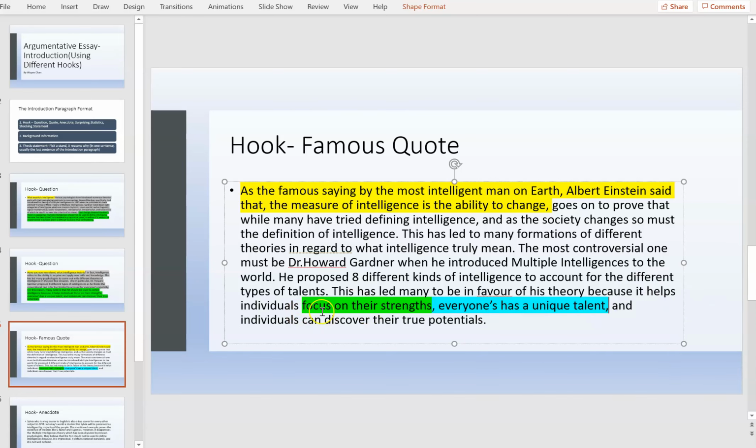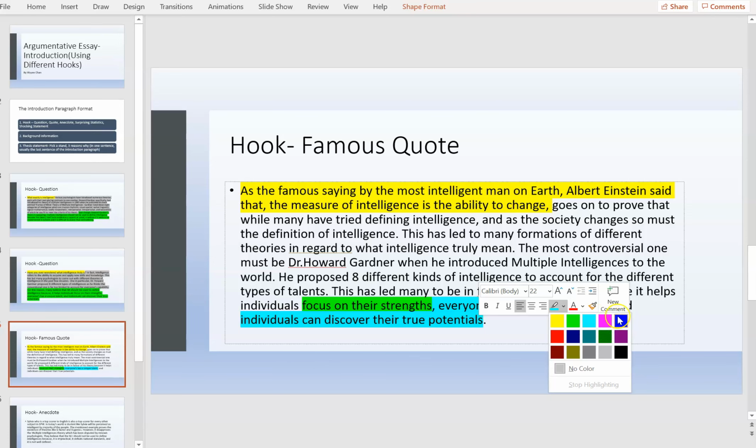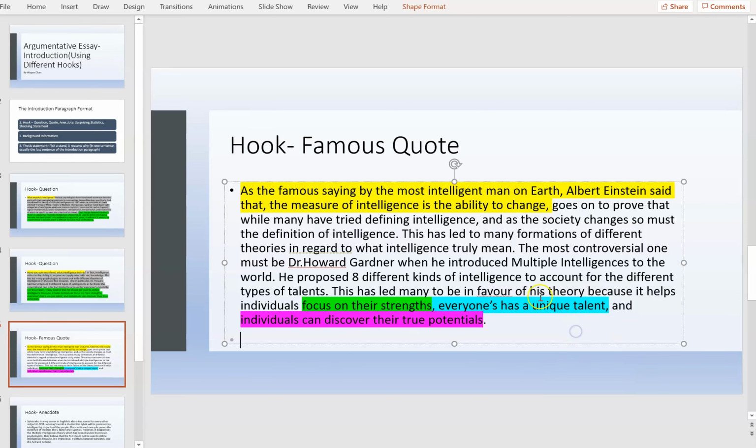And individuals can discover their true potentials. So can you see, it has led many to be in favor. So this is the stand, this is the thesis statement. It is in one sentence, the last sentence of the introduction, with your stand and three main ideas.